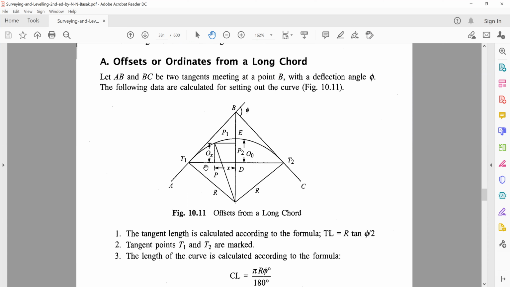And then theoretically, you find out from this long chord what the ordinates of the curve are. So essentially what we do is we find out these distances.